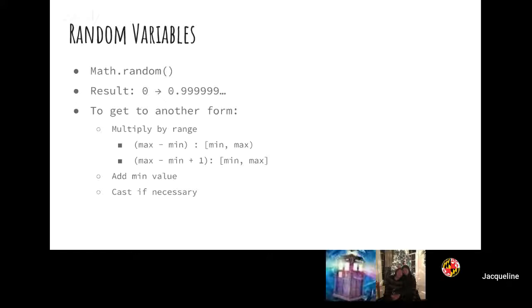For random variables, the way the AP exam likes you to do it is by using Math.random. The other way would be creating a Random object, but because we haven't gotten into objects, we're just going to stick with Math.random. Have you covered random variables yet in class?